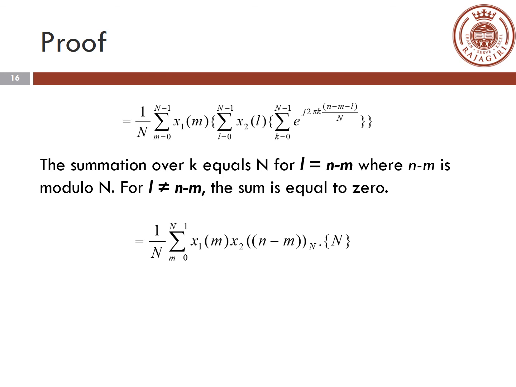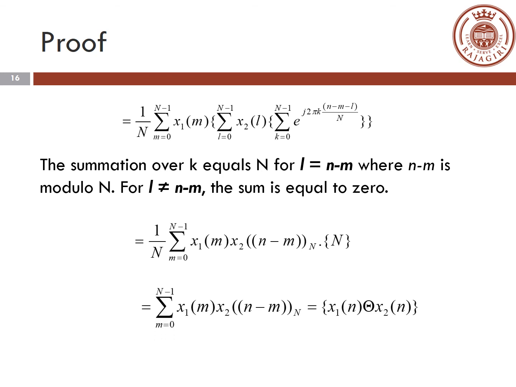Now this summation need not be considered because only for a particular value of L, and that value is n minus m, this whole thing is going to have some value, and in all the other cases it's going to be 0. So I need to just consider L is equal to n minus m. So here x2 of n minus m, and at that time this particular summation value is going to be n.